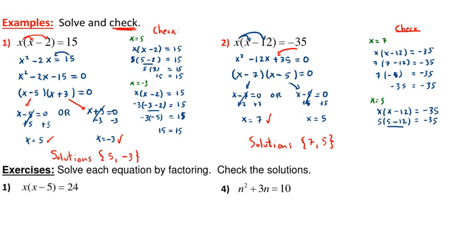Inside the parentheses, that is -7. 5 minus 12 is -7, which should be multiplied by 5, and that is supposed to give us -35. And yes, it is -35. 5 times -7 is -35. And on the right side, we also have -35. Both sides are equal, and that proves that our solution x is equal to 5 is correct.